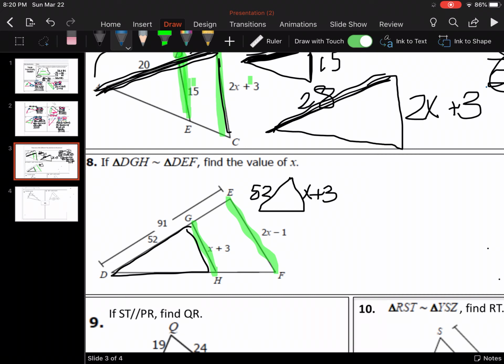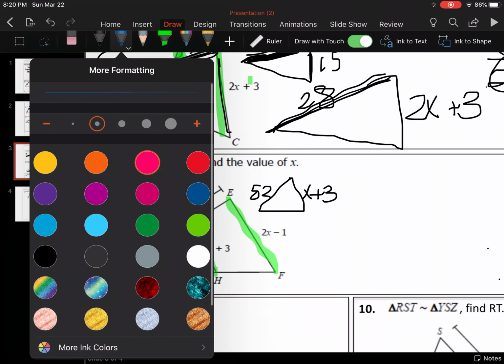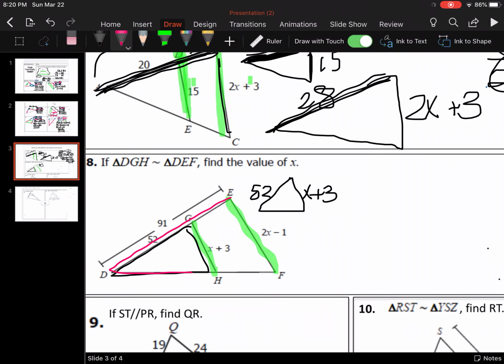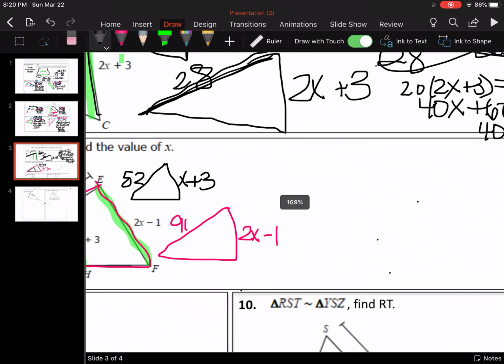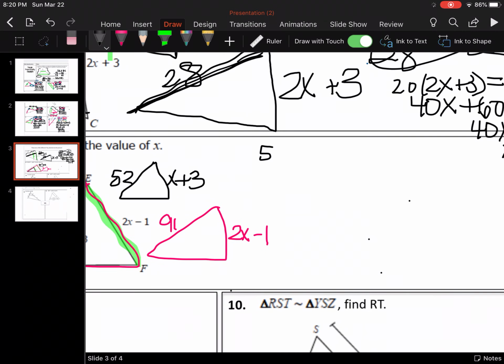And then the outside triangle has 91 and 2x minus 1. So let's be consistent when we set up this proportion. So if I'm working with 52, that corresponds to 91. And in that same order, x plus 3 corresponds to 2x minus 1.